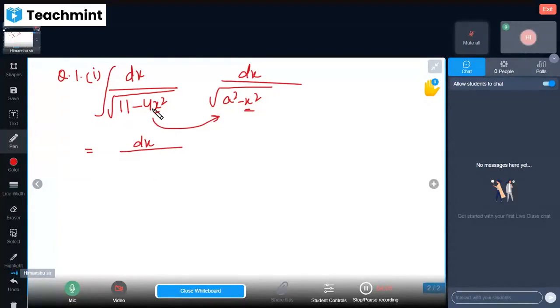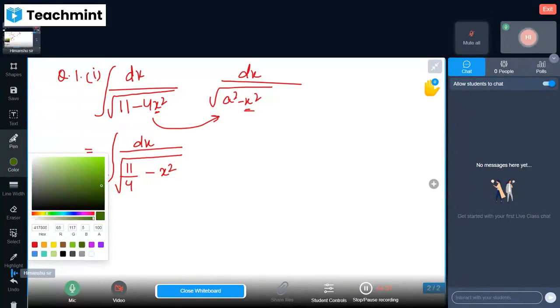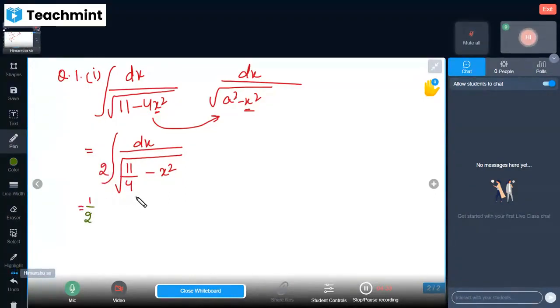So we have to take 4 out of it. We are making 11 upon 4 minus x square. The square root of 4 taken outside becomes 2, so 1 by 2 comes out of the integration, and the remaining is dx upon the square root of the square of root 11 by 2 minus x square.